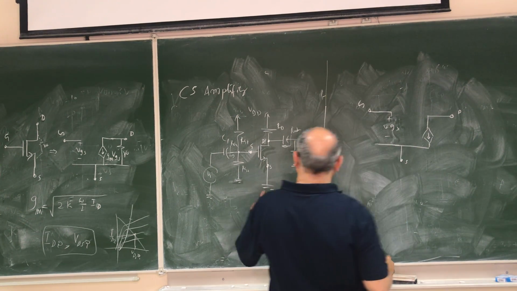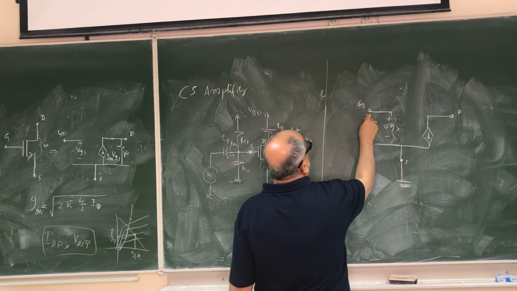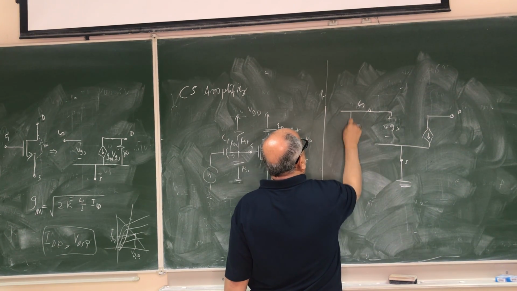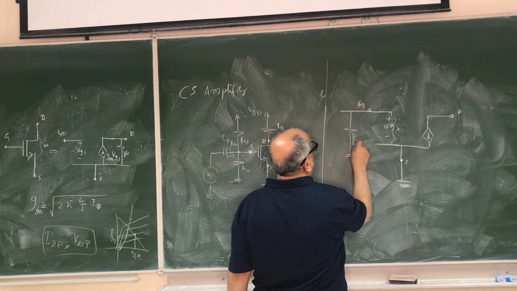The source is grounded, just connected to the ground here, and at the gate we have two resistors in parallel, RG1 and RG2, so we can call it RG.